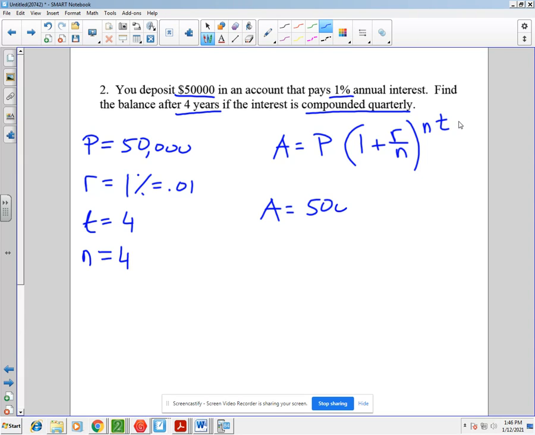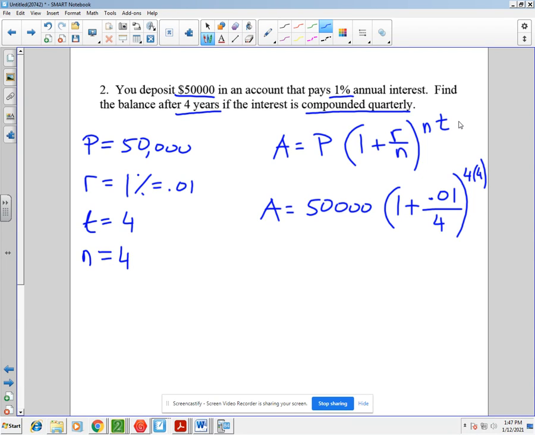So A is equal to 50,000 times 1 plus 0.01 divided by N, which is 4, and everything raised to N times T power, which will be 4 times 4. Again, just like in the previous example, first we do whatever is in parentheses.